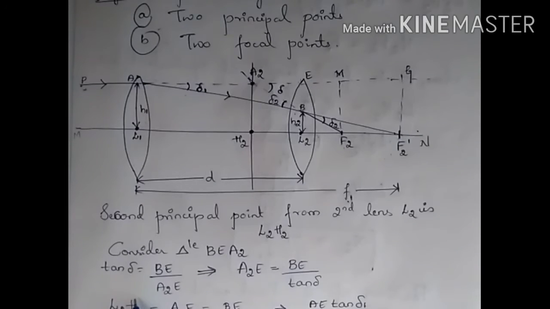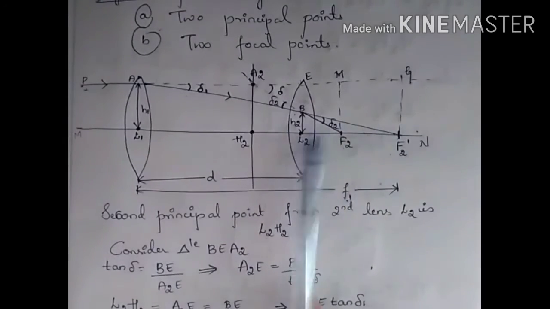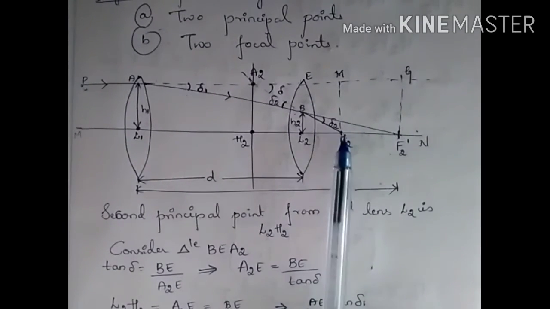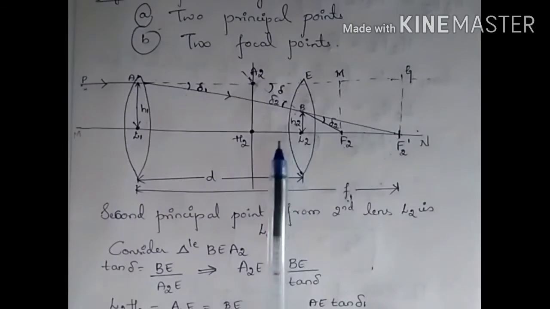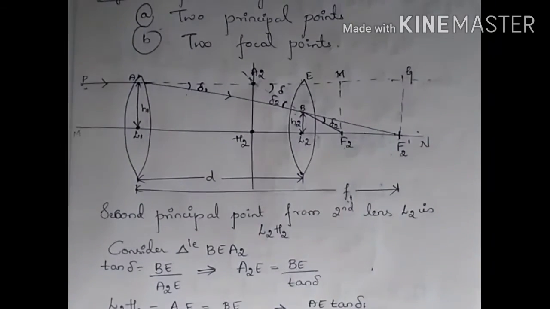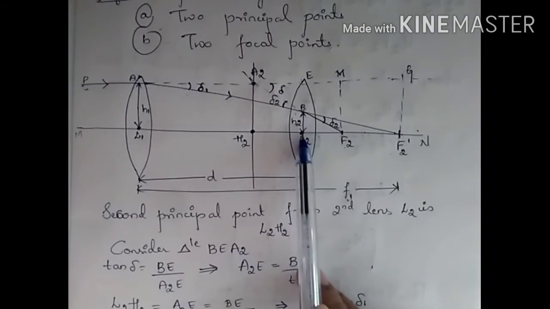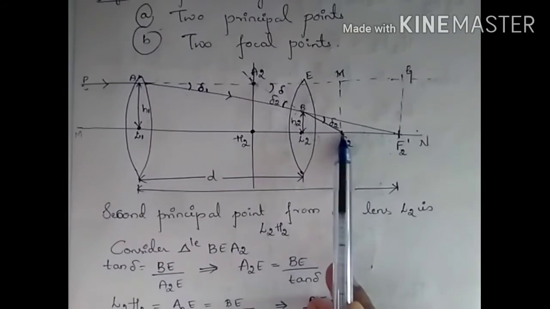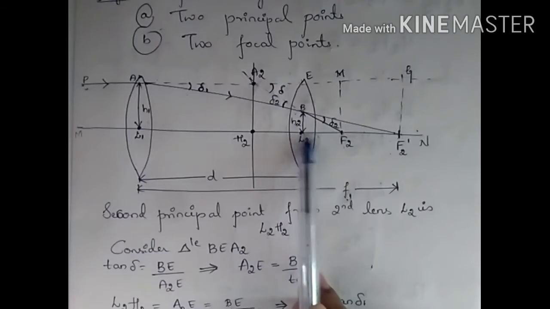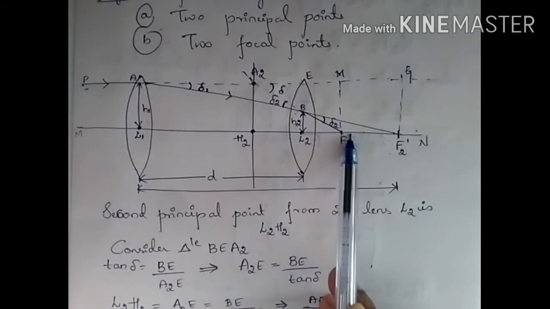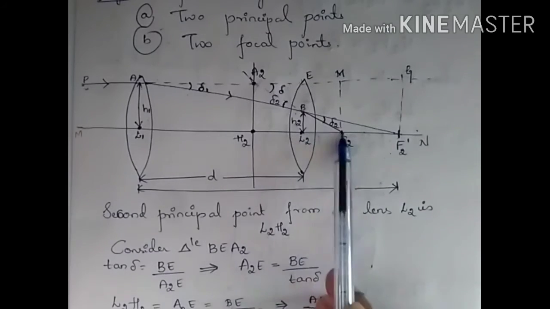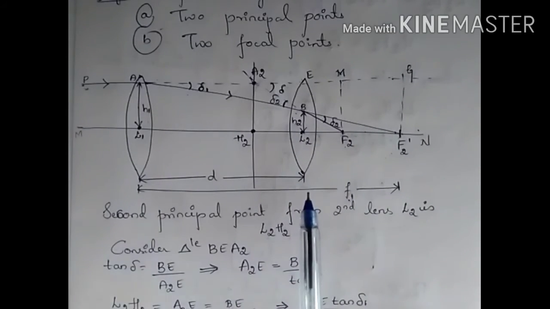Beta 2 is the distance of the second principal focus from the second lens L2. So for this, what will be the equation? Beta 2 will be equal to L2F2, the distance of the second principal focus.